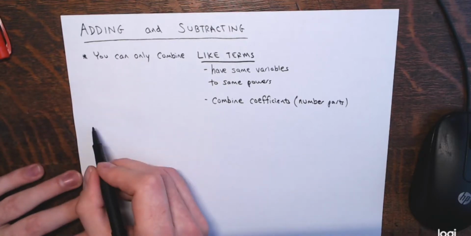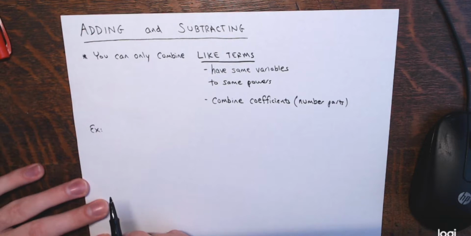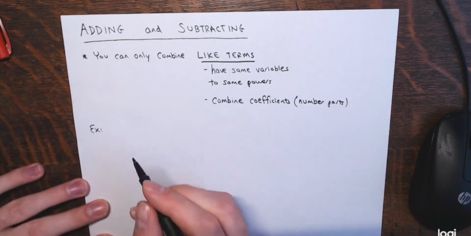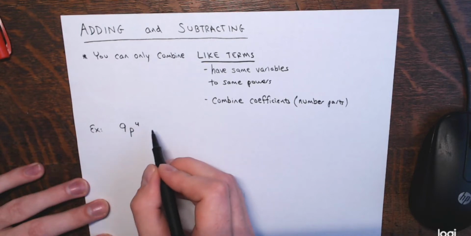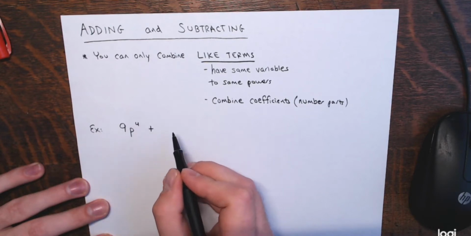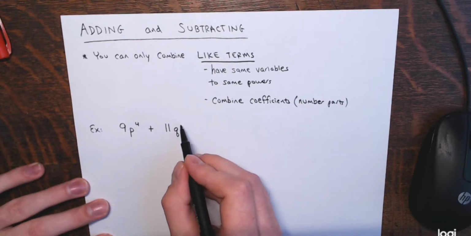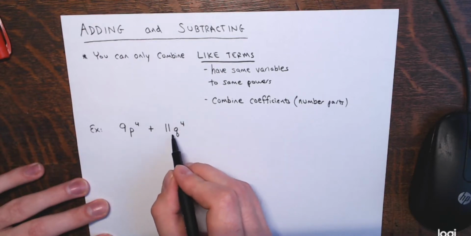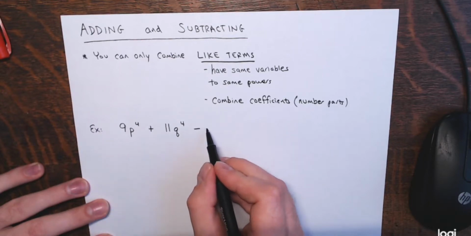So our first example here, the very first question we're given, we have 9p to the fourth, that's a monomial, plus 11 times q to the fourth, another monomial, so now I have a binomial, and then minus q to the fourth again.